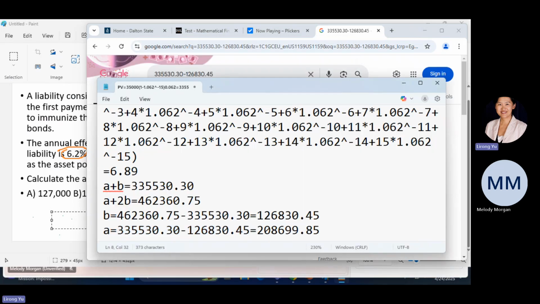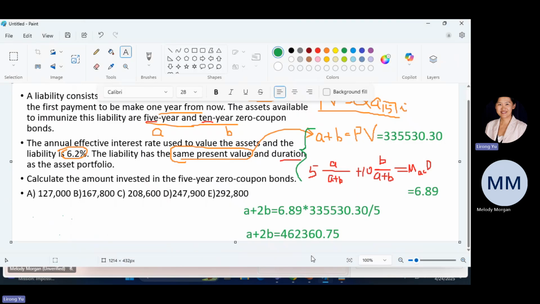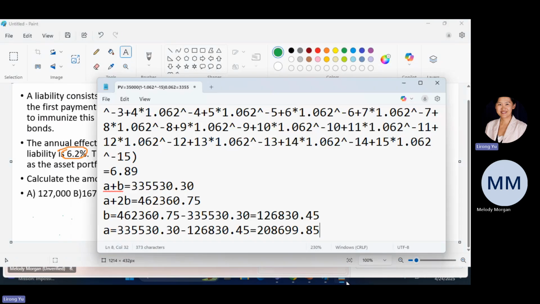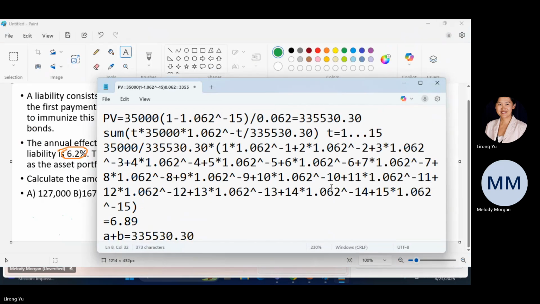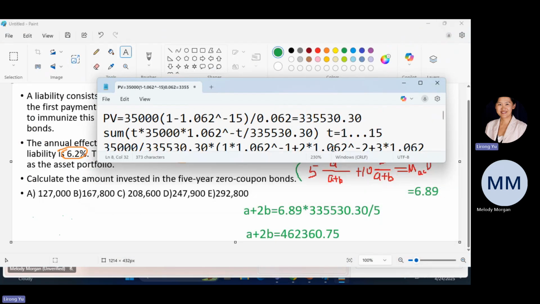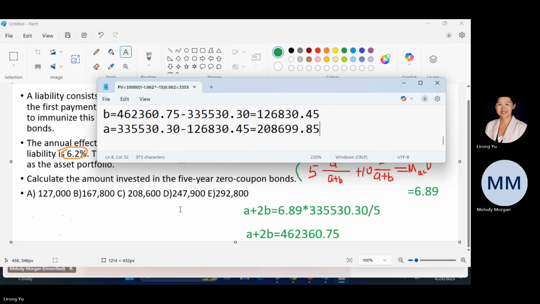I hope I didn't make any mistake in the calculation. So the number I have so far is this. Did I make a calculation error?